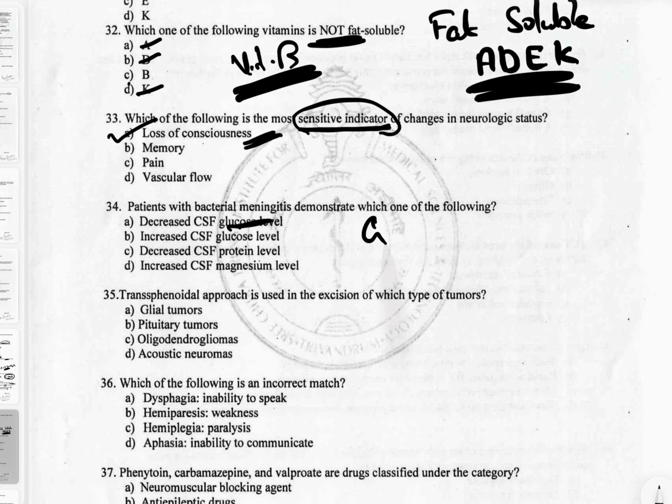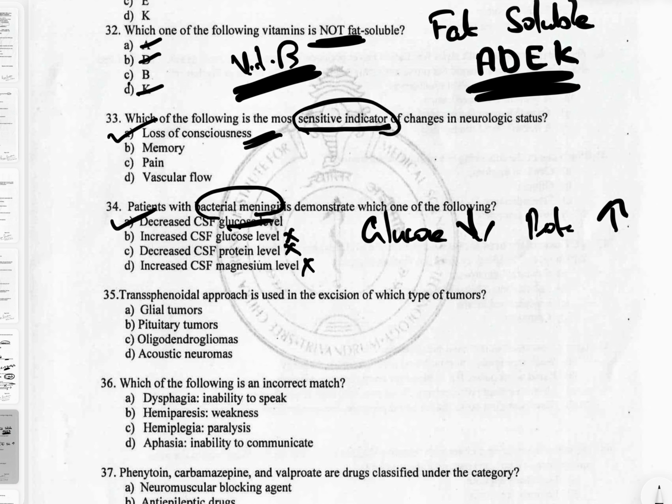The glucose of the patient's CSF is going to decrease and protein is going to increase in bacterial meningitis. So increase in glucose CSF is not the answer. Option C, decreased CSF protein, not the answer. Increase in magnesium level, not the answer. The answer is in bacterial meningitis, the glucose of the patient will decrease. Okay, so the option A is the right answer.